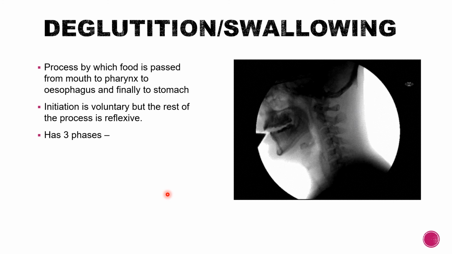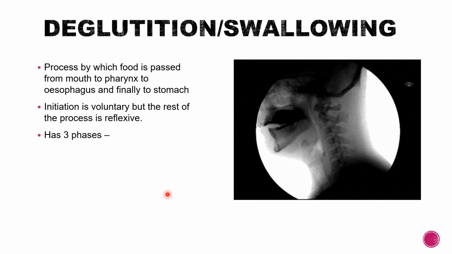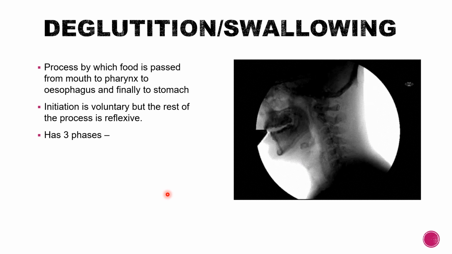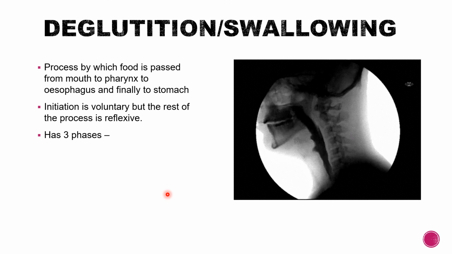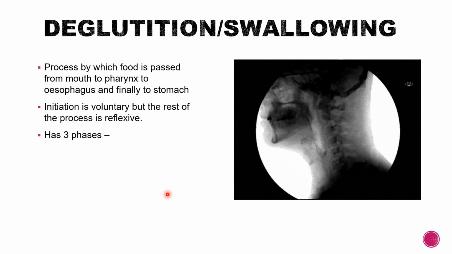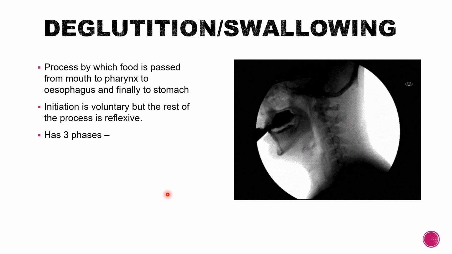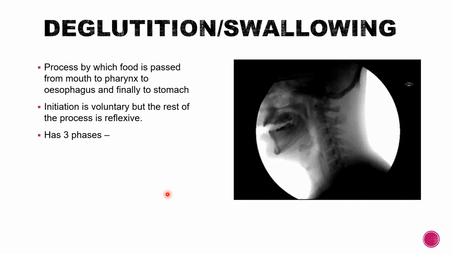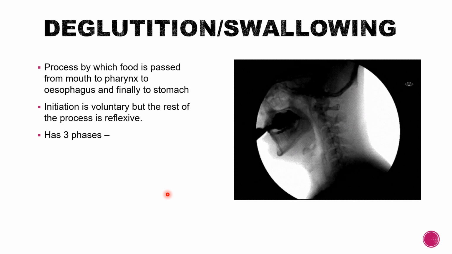So what is deglutition? Deglutition is the process by which food is passed from mouth to pharynx to esophagus and finally to the stomach. The mastication was totally voluntary, but for deglutition the initiation is voluntary, but the rest of the process is reflexive.